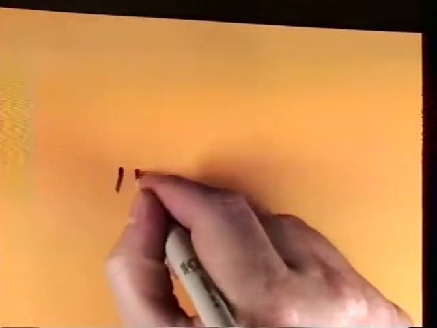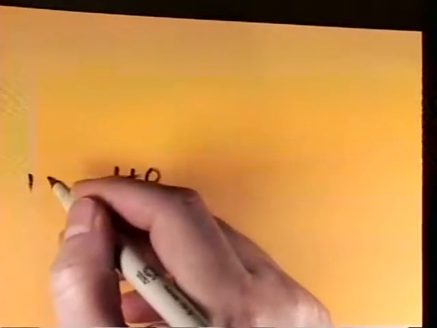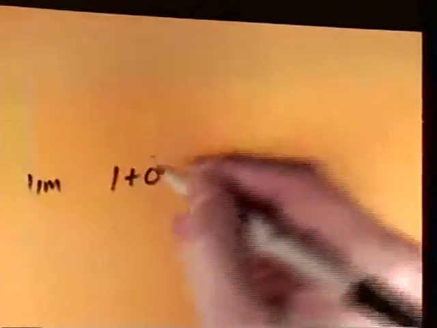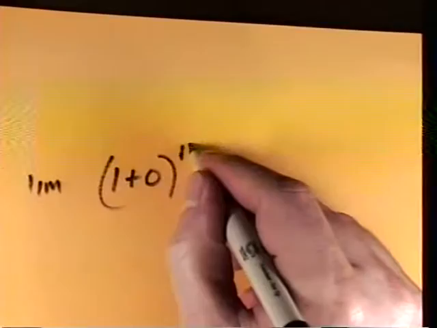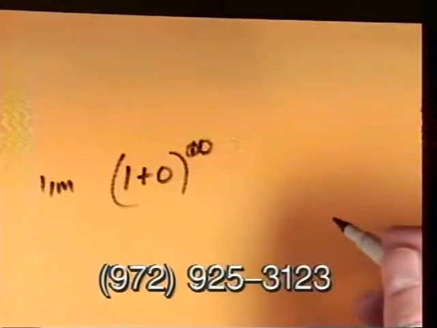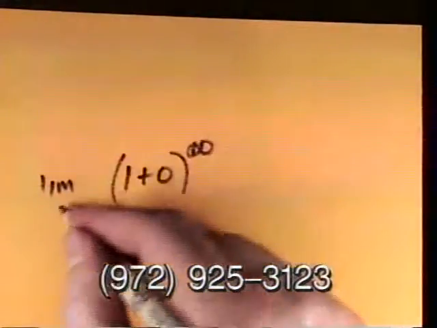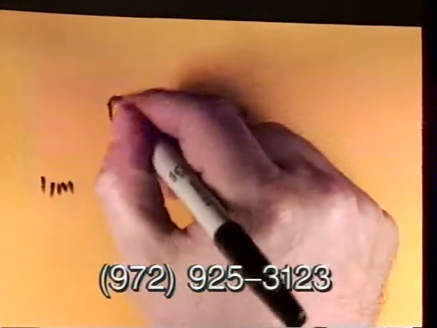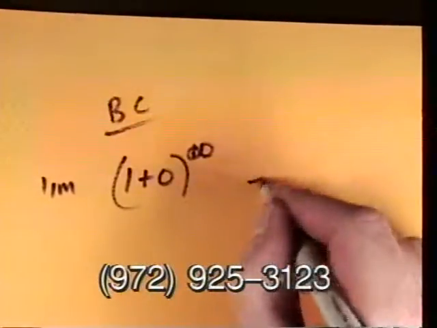Okay, the key is that whenever you have a limit and you have 1 plus 0 to the infinity, this is just for the BC people out there, it's going to be e to the something.